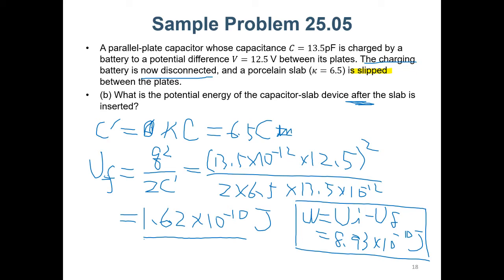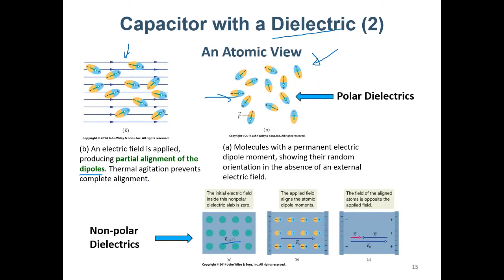So the energy is used to attract this slab in, so that the total energy becomes smaller, because the energy loss is stored in the dielectric itself. Or you can imagine, as I mentioned just now, that if you apply an external E field to the dielectric, then the dipoles inside the dielectric will align in the same direction, so that the energy is stored here. So most of the energy is stored in the dielectric itself.